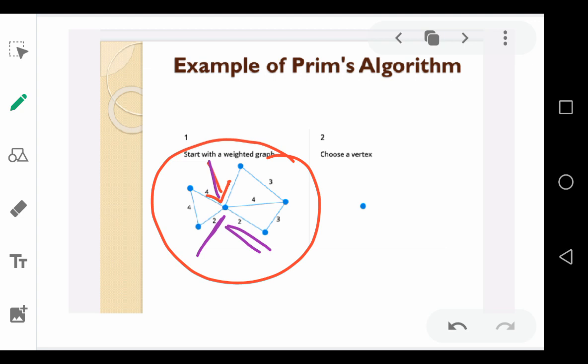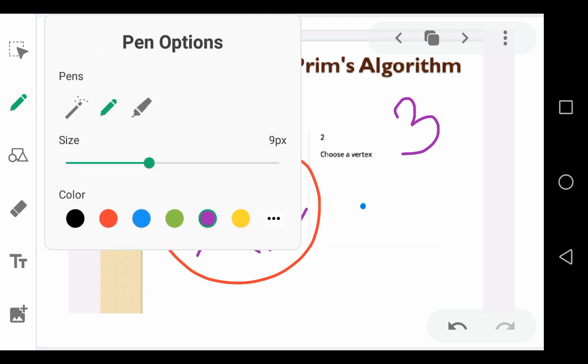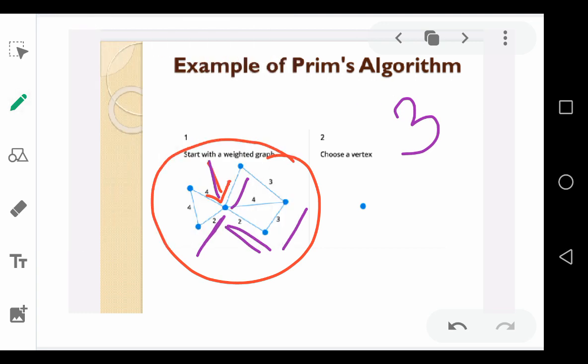Now we have to look for the minimum weight edge, which is 3. So I can choose this one. If I choose this edge also, although it has the minimum weight of 3, it is going to form a circuit.